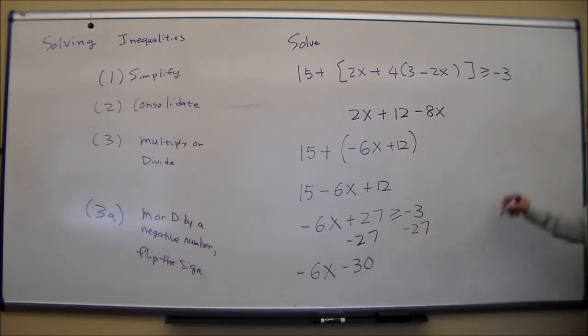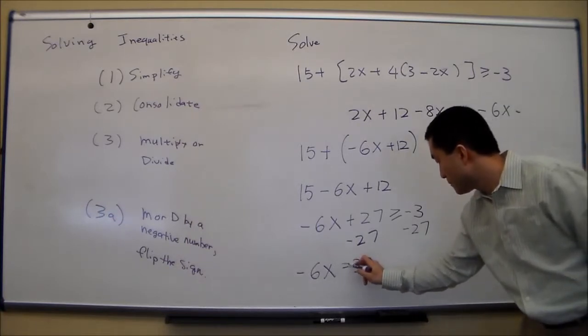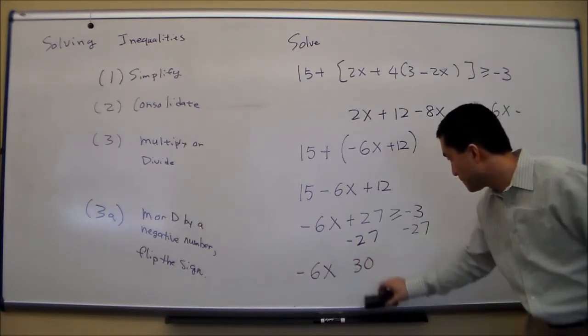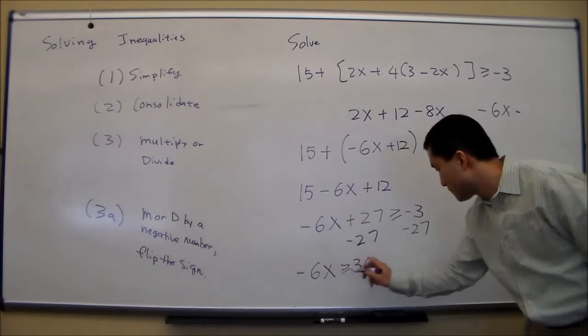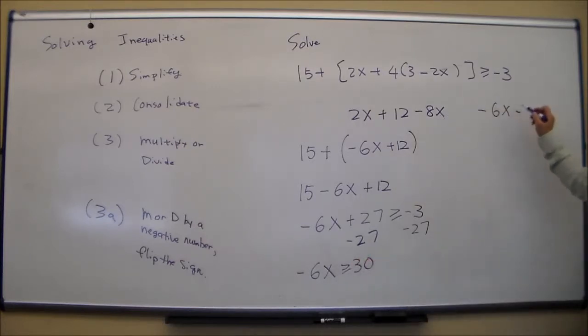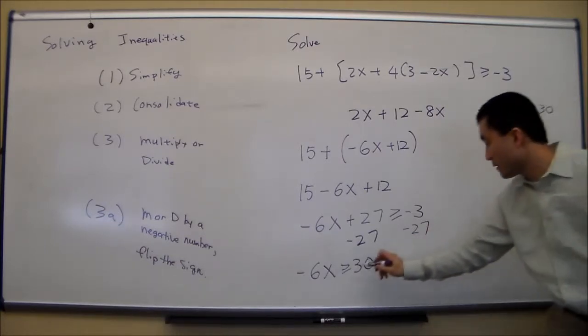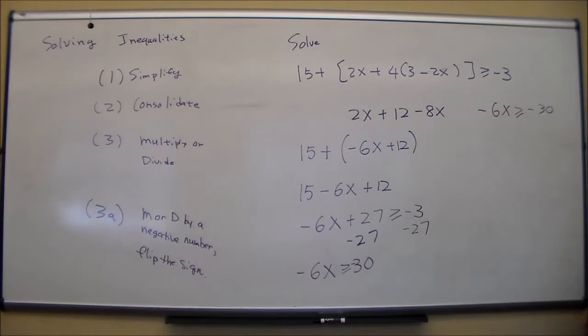So if we rewrite it up here, okay, negative 30 there. So negative 6x is greater than or equal to negative 30.